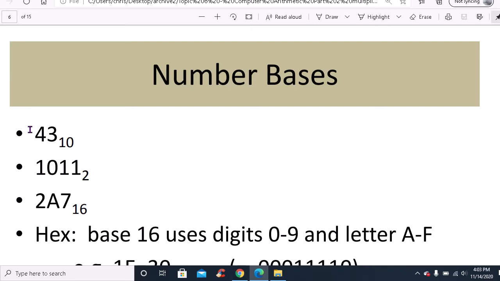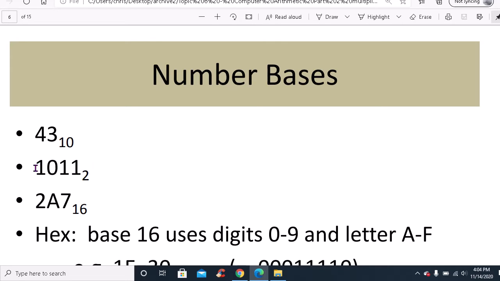And as we'll see in a moment, this number is equivalent to 4 times 10 raised to the power of 1 plus 3 times 10 raised to the power of 0. A number raised to the power of 0 is always 1. So the decimal number 43 can be explained in terms of a sum of powers of 10.